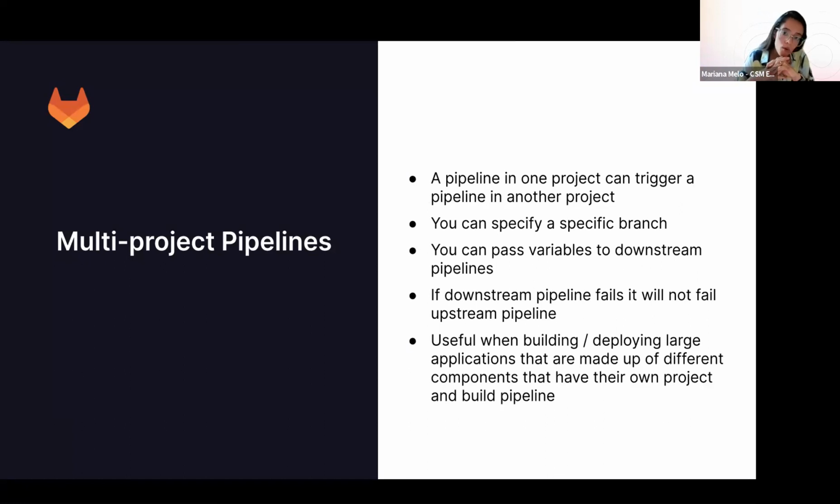Very useful when building and deploying larger applications that are made up of different components that have their own project and build pipeline. So if you don't want to use monorepos, for example, and your application is split into different projects, this is also a very useful feature for you.